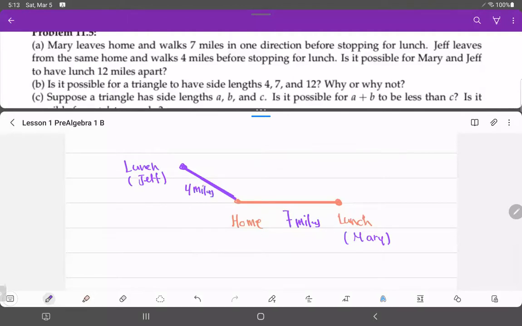Is it possible for Mary and Jeff to have lunch 12 miles apart? So the question is, can the distance between this and this be 12 miles or no?